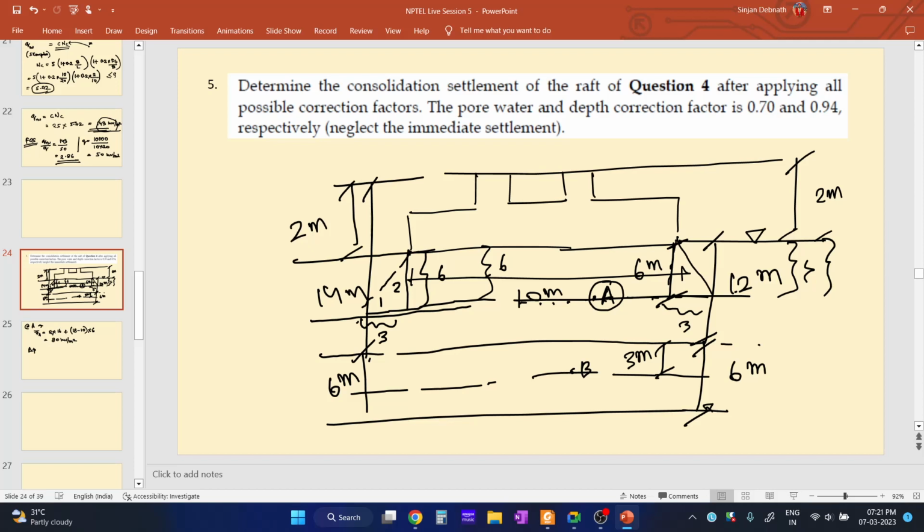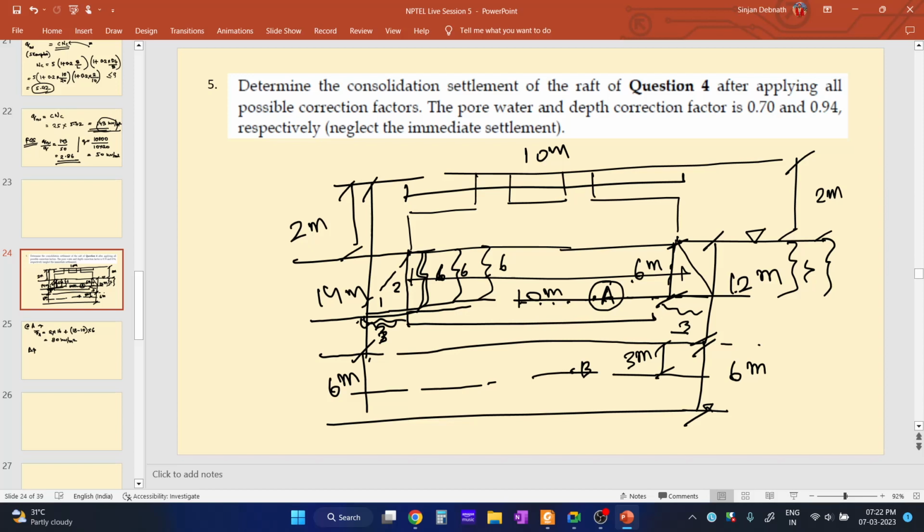So the effective breadth is, the breadth of the raft is 10 meter, this thickness is 6 meter, and the stress distribution ratio is 2:1. So if this is 6, this one is 3, and from this point to this point it is 10 meter.